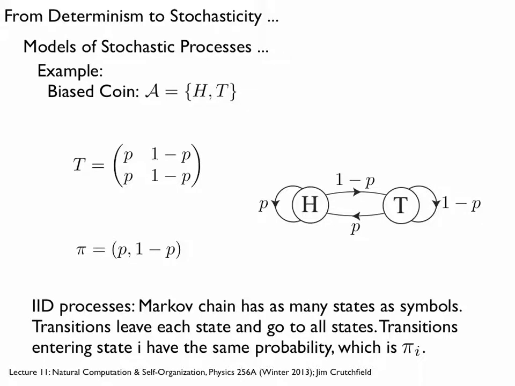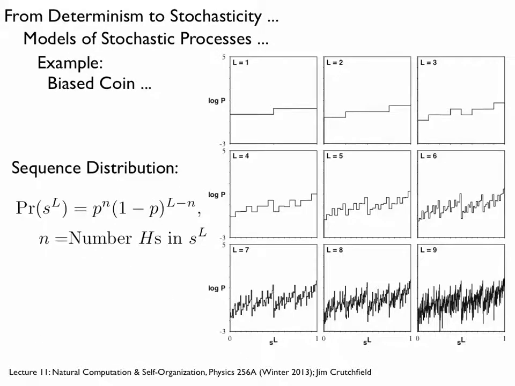Okay, now for something fun with the word distribution mosaic. Again, biased coin, and I can write out in closed form what the word distribution is for any length. Okay, so here it's just probability of heads to the number of heads in the sequence, times probability of tails to L minus the number of heads in the sequence.